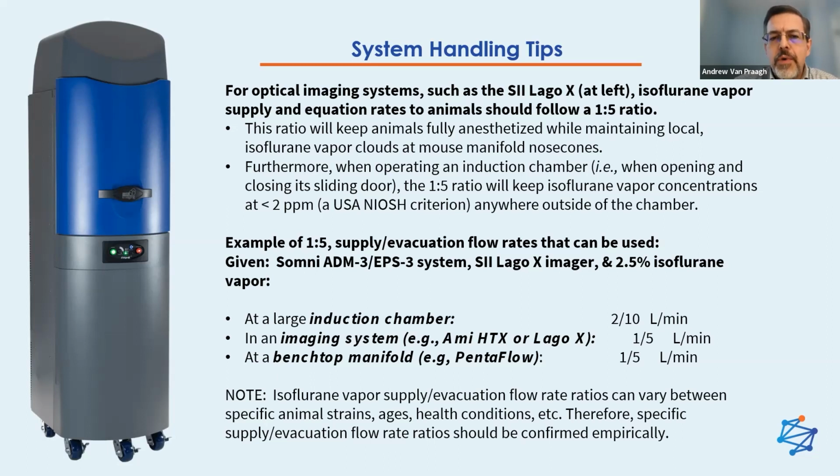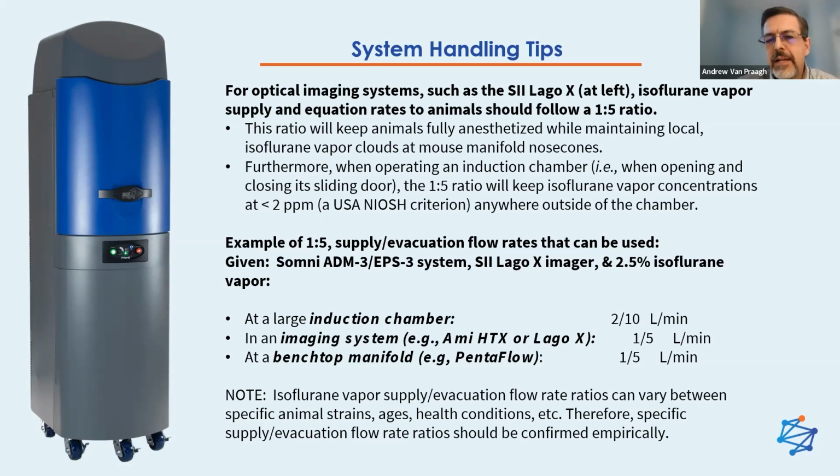What we have demonstrated empirically is that a 1:5 ratio, and this can be confirmed by smog testing, where you can actually see the gas pass through the manifold, a 1:5 ratio of supply to evac will create a nice dynamic equilibrium where you have a small cloud of isoflurane vapor and the continued evac of that so that it doesn't spread.